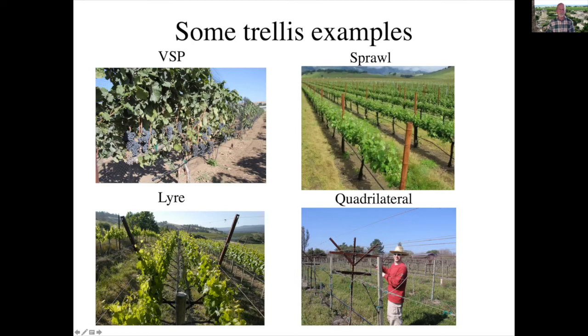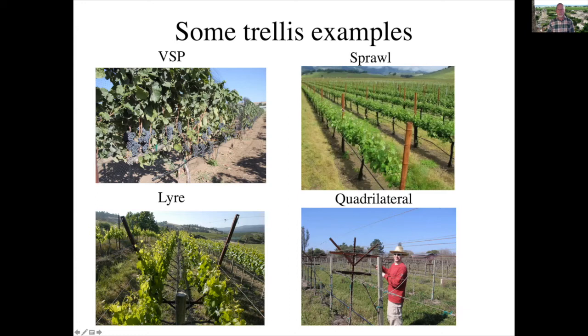The vertical shoot positioning system is a more extensive set of posts with several wires. You have a base wire which the cordon is tied to, and you have several sets of wires up above it that you train the vines to grow between to keep them in this upright position.